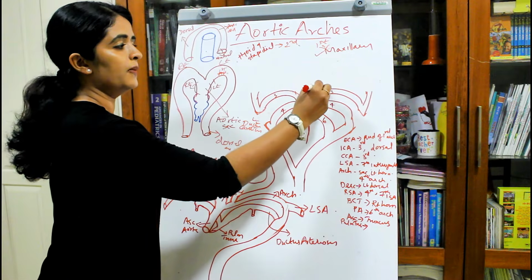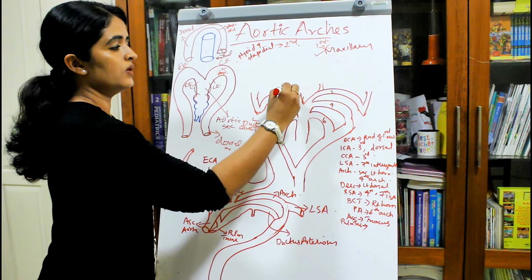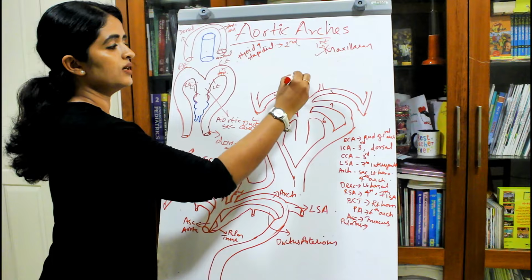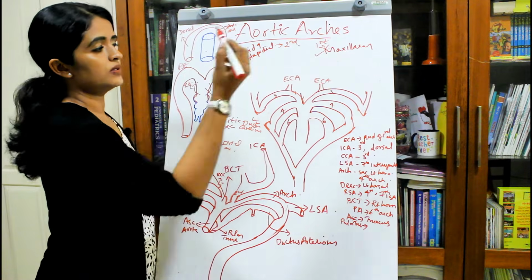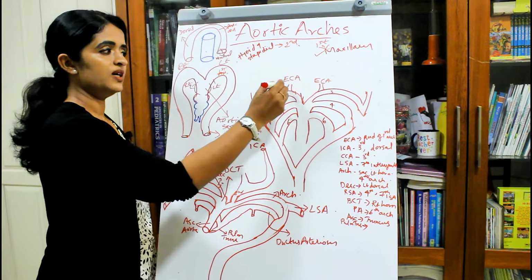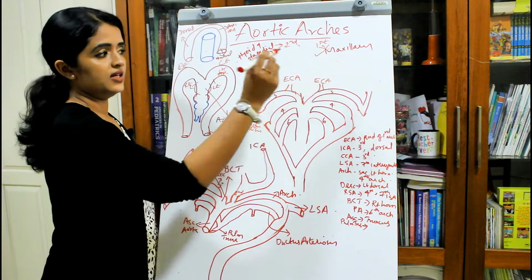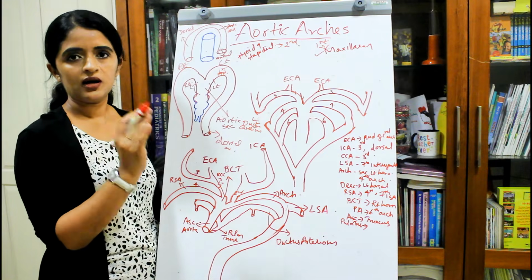There will be a bud from the third arch going upwards. This is known as the external carotid artery. So the bud from the third arch grows cranially on both sides, forming the external carotid artery.